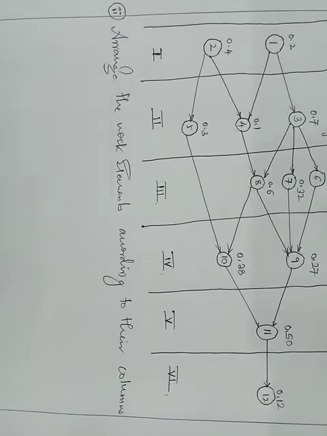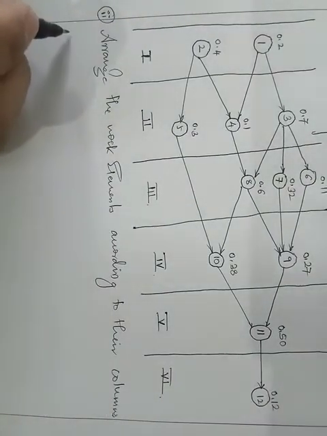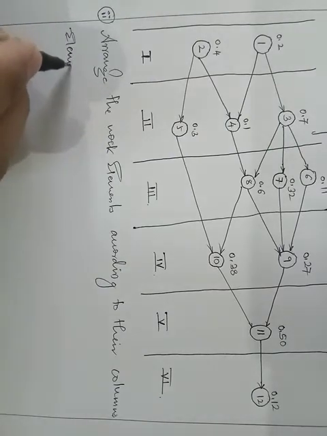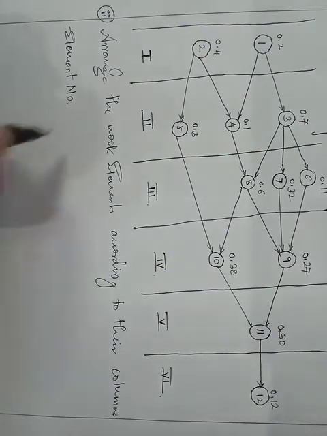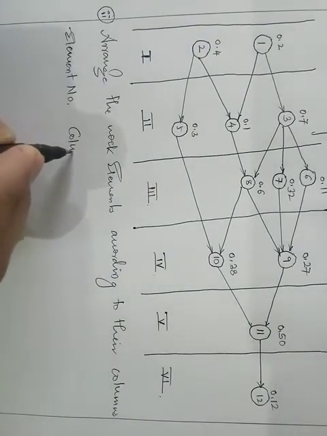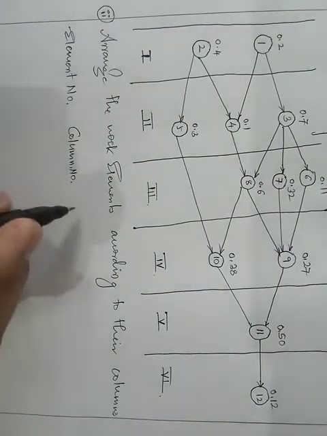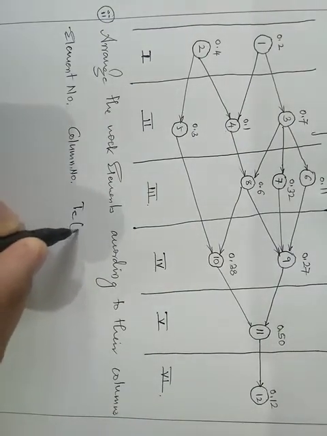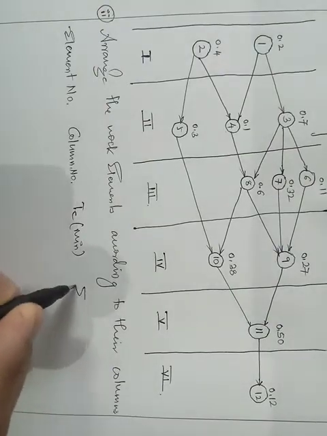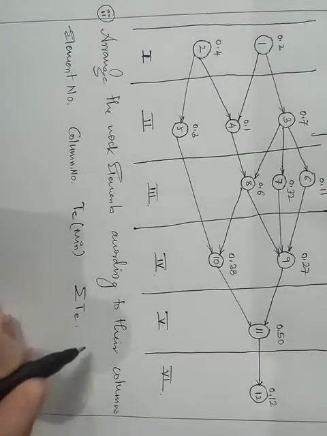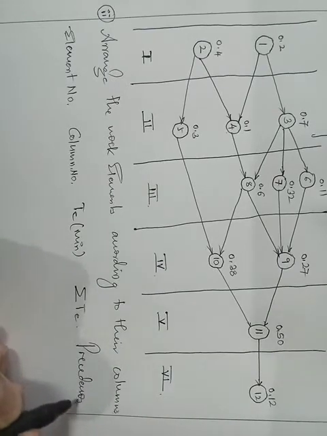So that is your second step. Your data table will be something similar to what I am drawing here: column number, element time in minutes, summation TE, and also please note down the predecessor.